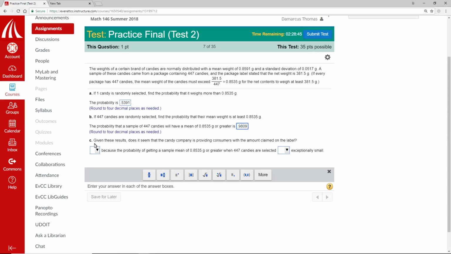And now we're going to answer the question, given these results, does it seem that the candy company is providing consumers with the amount claimed on the label?